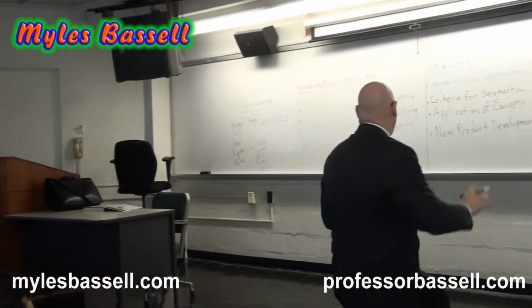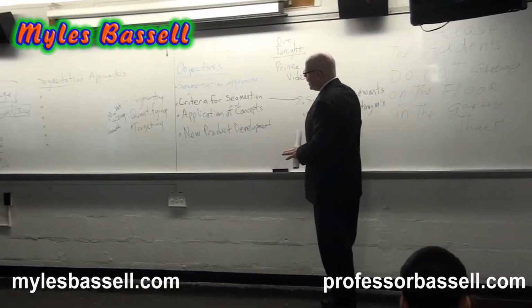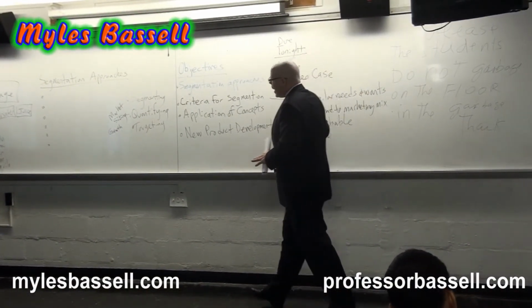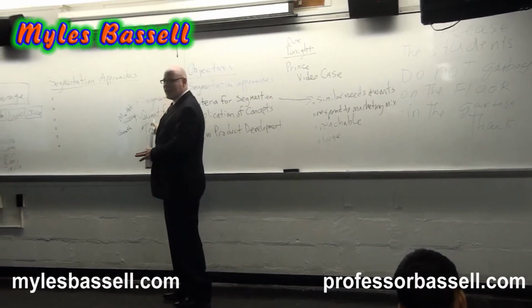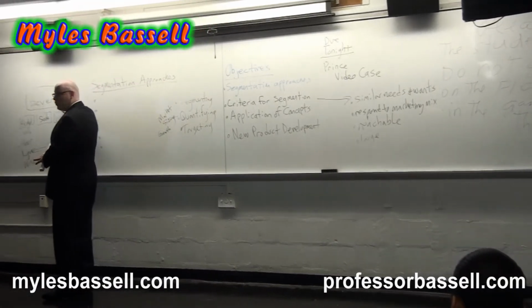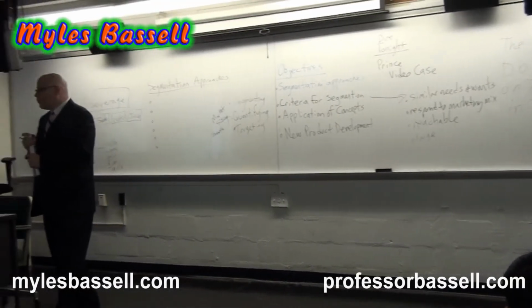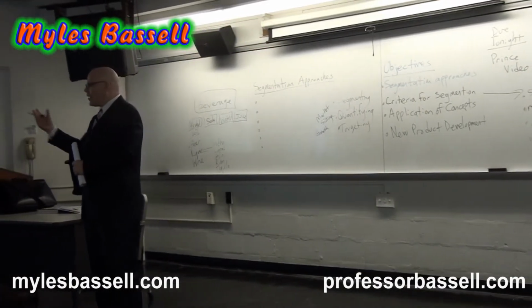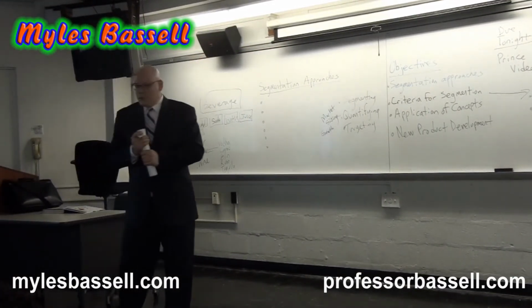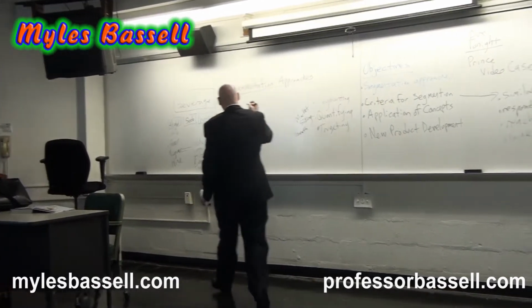So now that we talked about the criteria for segmentation and what's going to happen after we segment the market, and we looked at an example, let's talk about different ways that we could segment a given market. What are some of the ways that we could segment a market? Geographically? Geographic, absolutely.